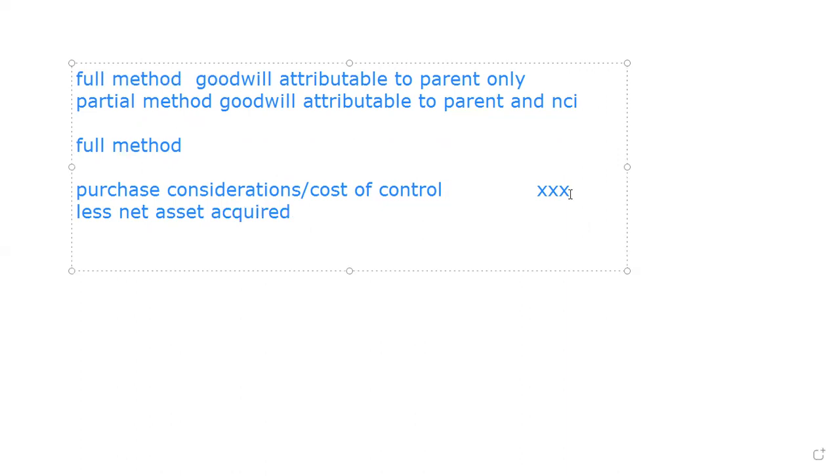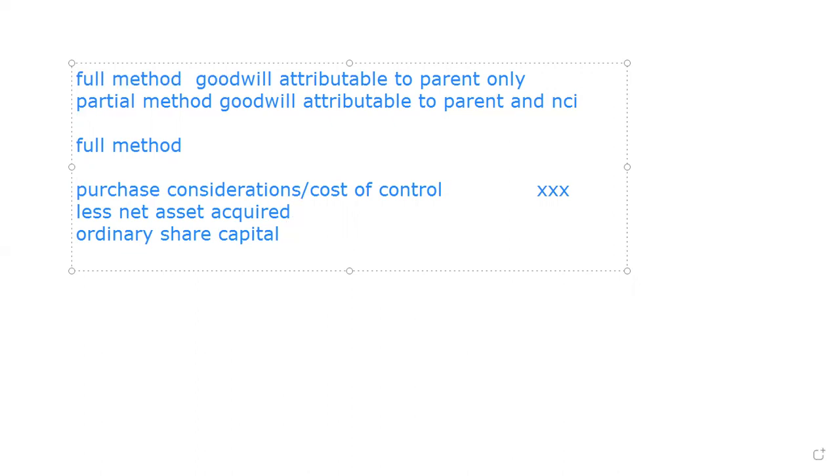These net assets can be ordinary share capital. You have to take the percentage of acquisition and multiply it with the amount of the ordinary share capital. Let's assume the acquisition was 80%. Most people assume that 80% is always there, but no, it can't be 80% all the time.